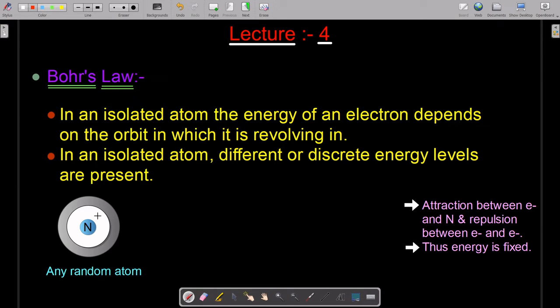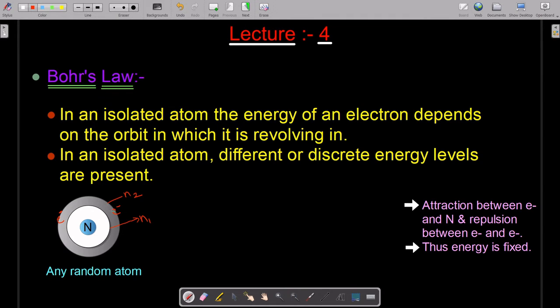What this sentence is trying to tell us is that, let's suppose I'm considering this electron which is revolving in this outer orbit. For better understanding, let's suppose this is the N1 shell and this is the N2 shell. Let's suppose this is one electron present in the N2 shell, and this is another electron present in the N2 shell.